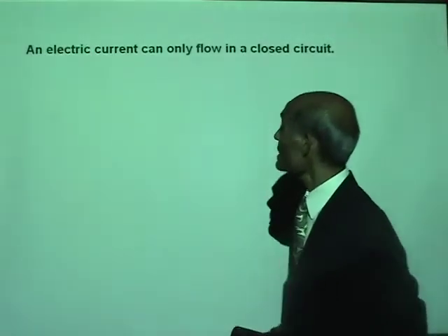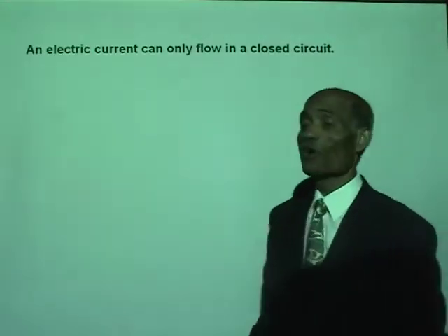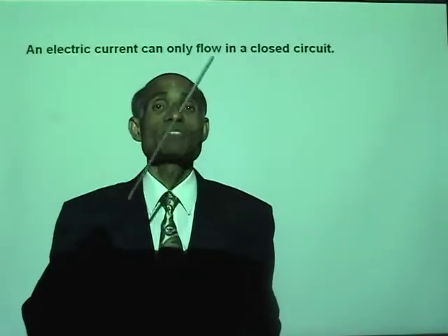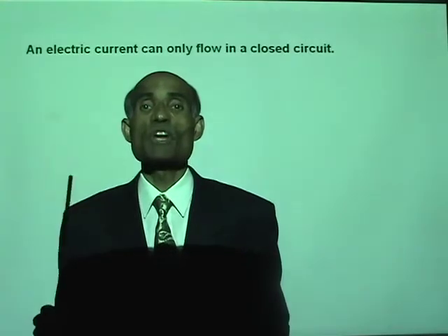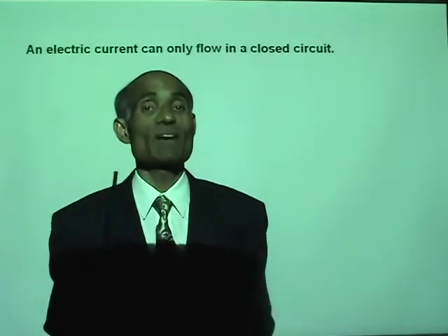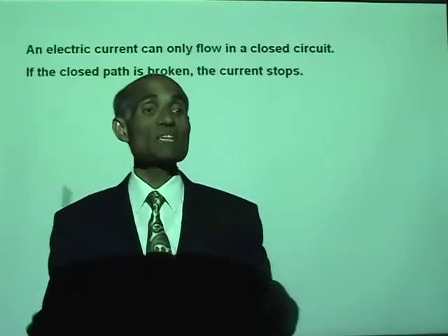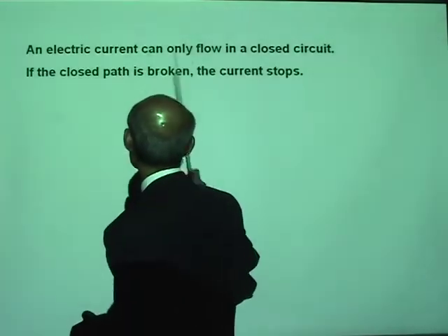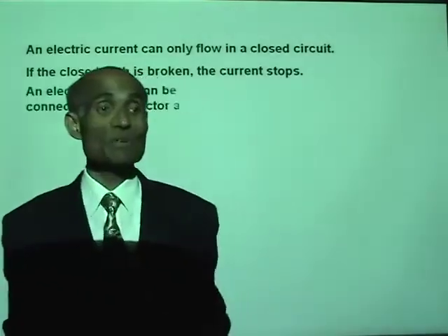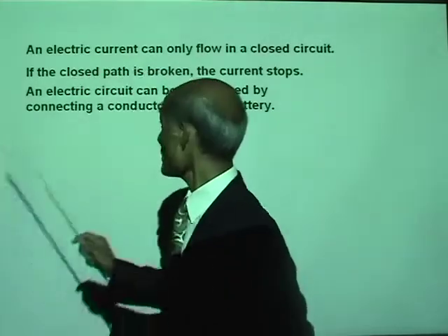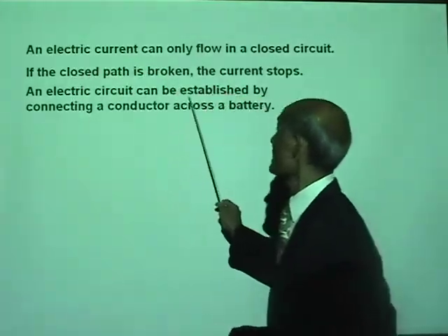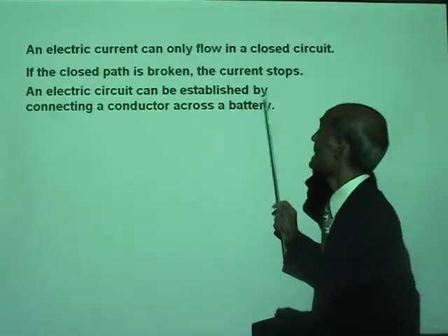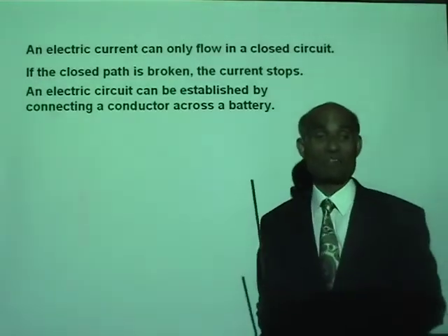Now, an electric current can only flow in a closed path. If the path where the electric current is flowing is broken somewhere, electric current will cease to flow. Now, if the closed path is broken, then the current will stop. An electric circuit can be established by connecting a conductor across a battery.